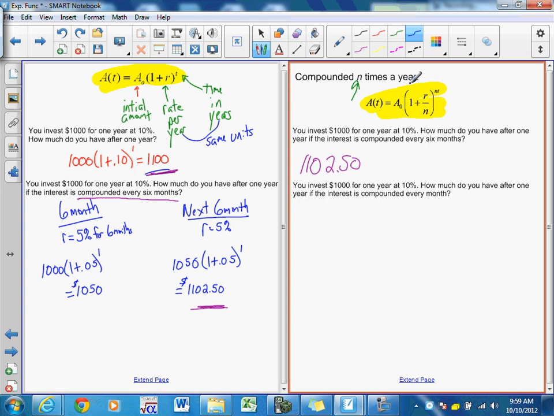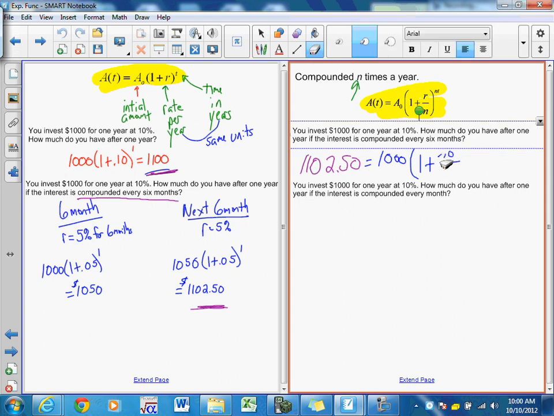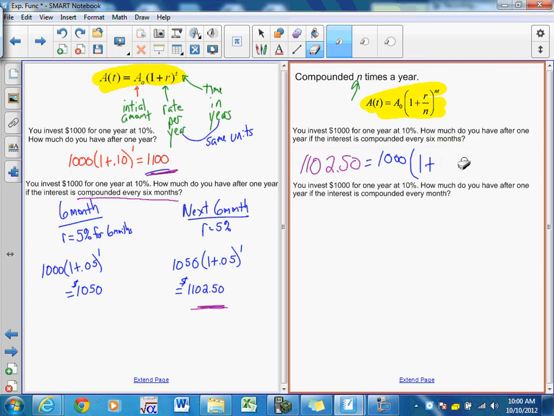If it's n times a year, we'll use this formula. If it's once a year, we do it over here. So over here, we do 1,000. The rate's 10% a year, which is 0.1.